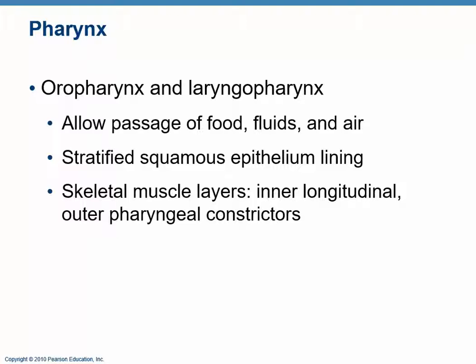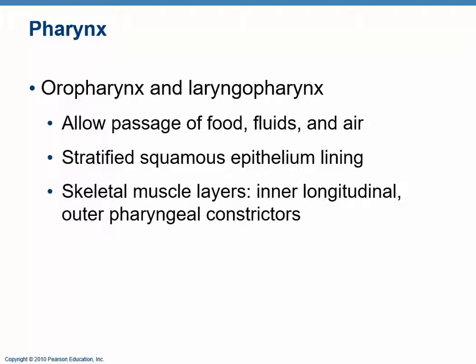It's a passage of food, fluids, and air. Now, the nasopharynx, as I said before, is the same as the nasal mucosa. It is a ciliated pseudostratified epithelium with mucus cells.